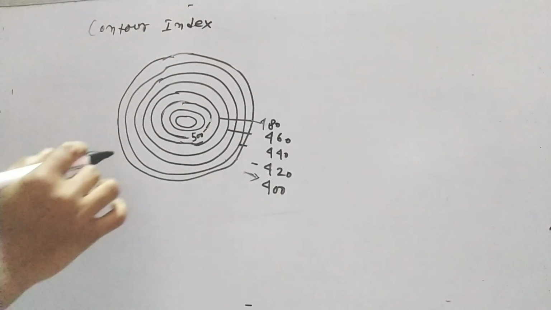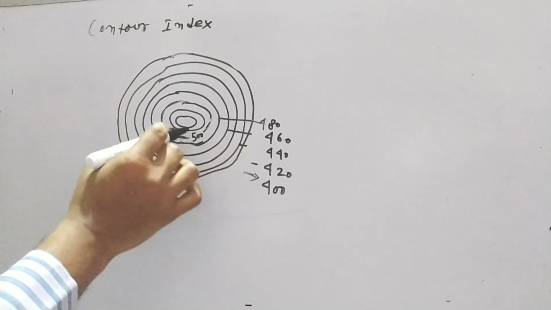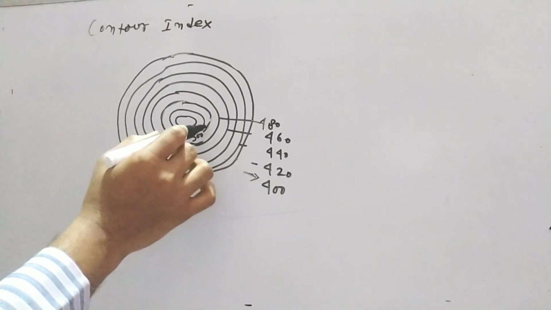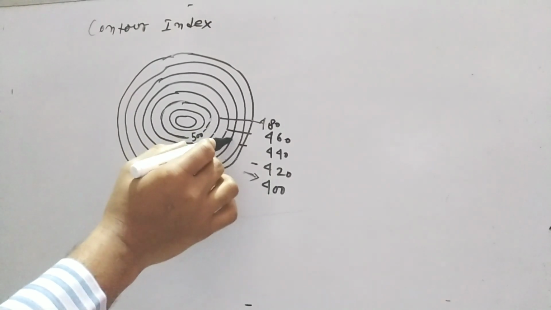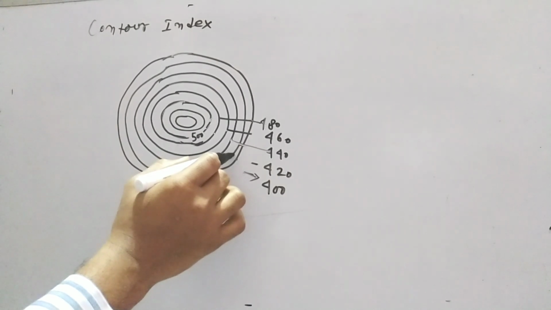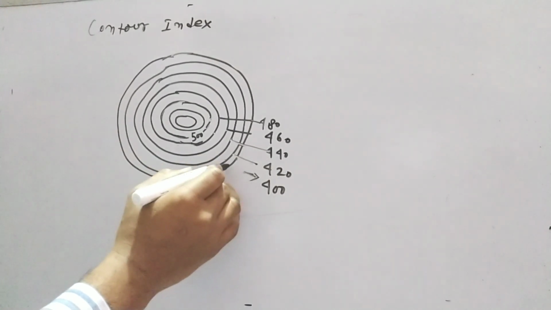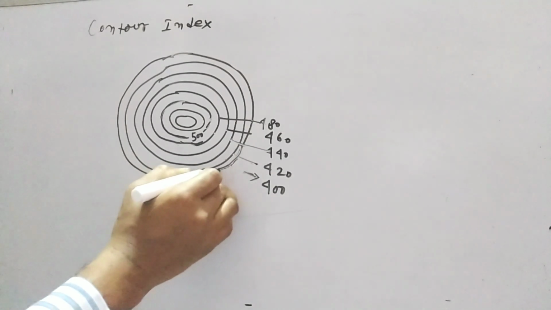Suppose 500, 480, 460, 440, 420, and this one 400. So that is the bold line.